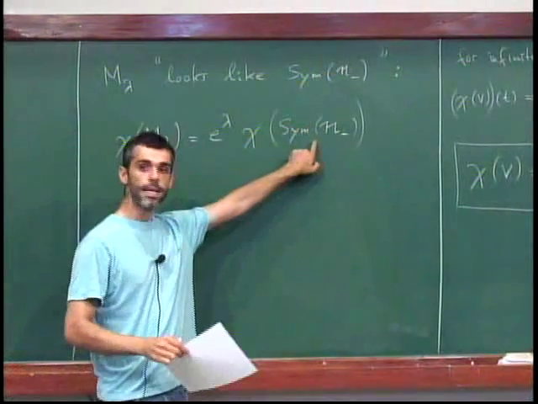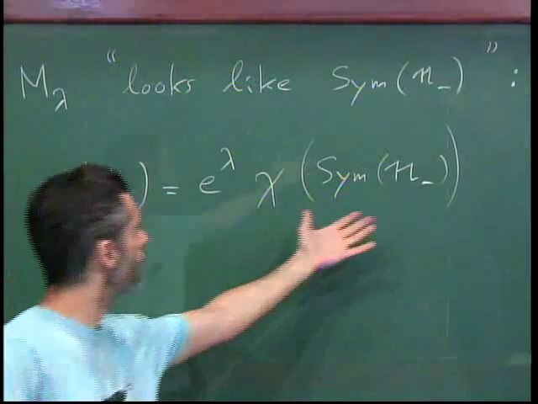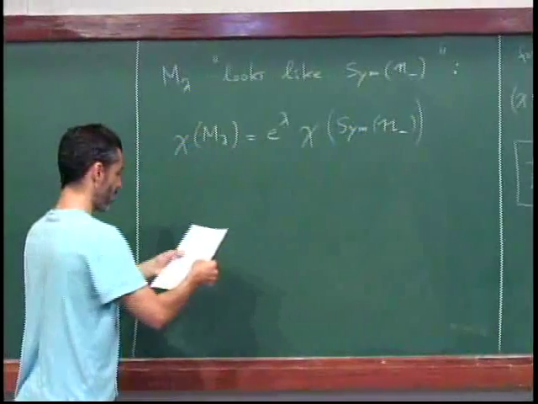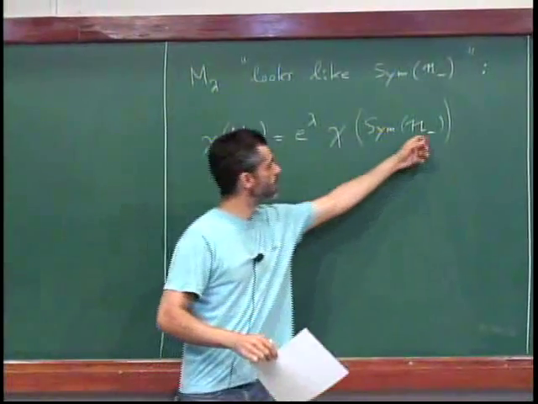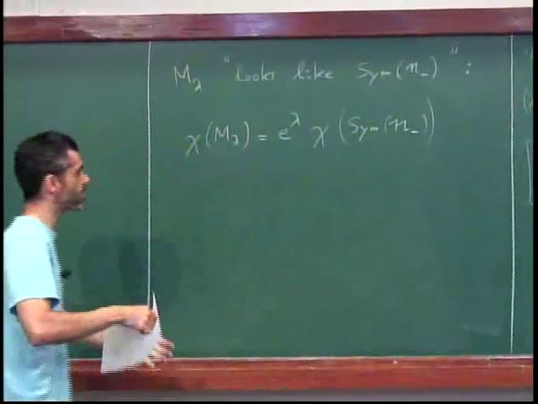This character is now easy to compute because this is a polynomial algebra. Once you have a basis for n minus, you can write down a basis for the polynomial algebra and you can compute dimensions.